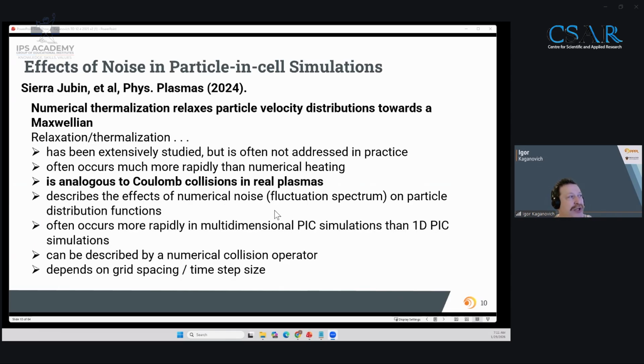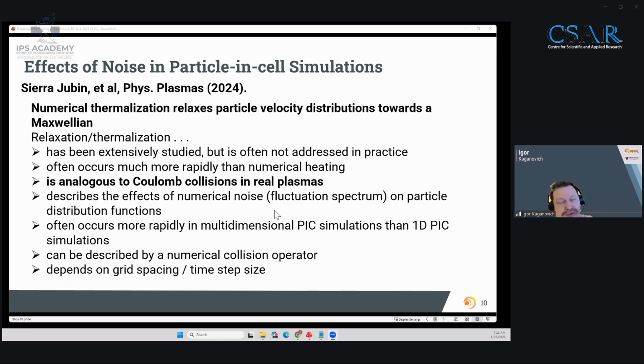And so we looked at that, and we recovered a known but somewhat forgotten result: this numerical noise, because it has to satisfy the plasma dispersion relation, acts essentially as Coulomb collisions, very enhanced Coulomb collisions.